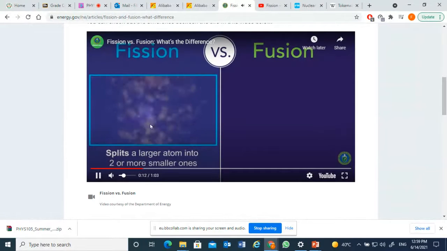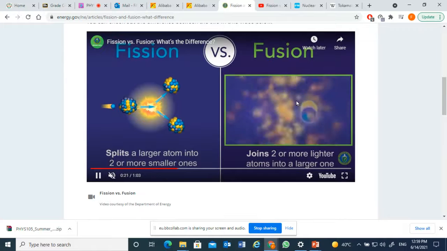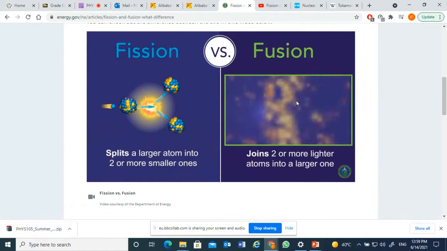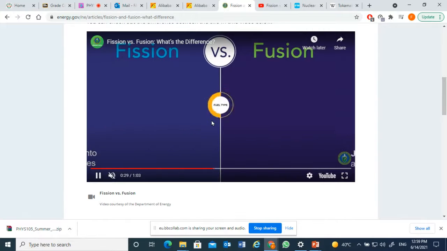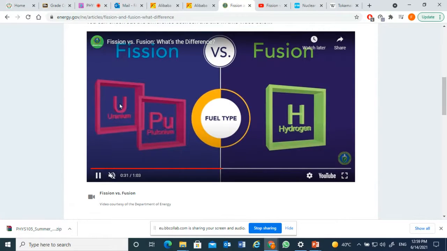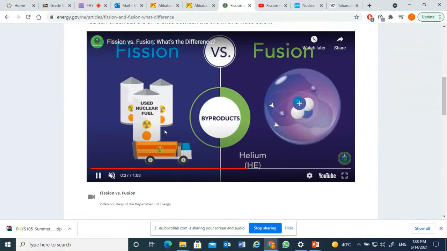So in fission, you're basically splitting atoms. Fusion, you're joining atoms. So that's a difference now. Now, you're using uranium or plutonium. Here you're using hydrogen. Here you're producing waste.